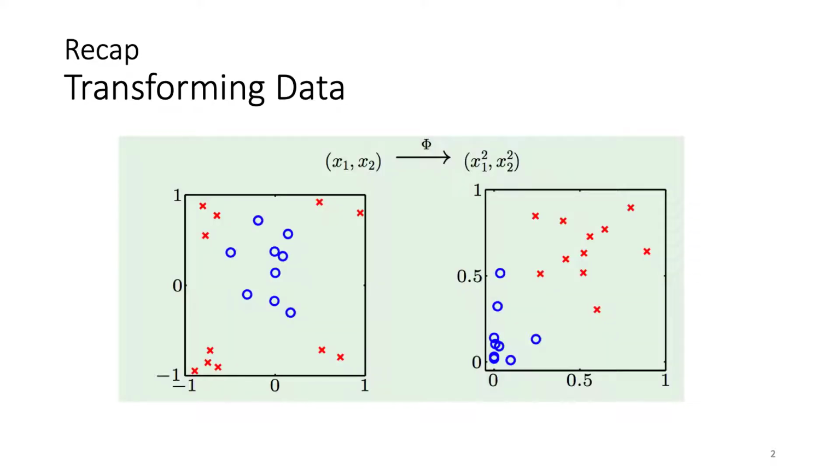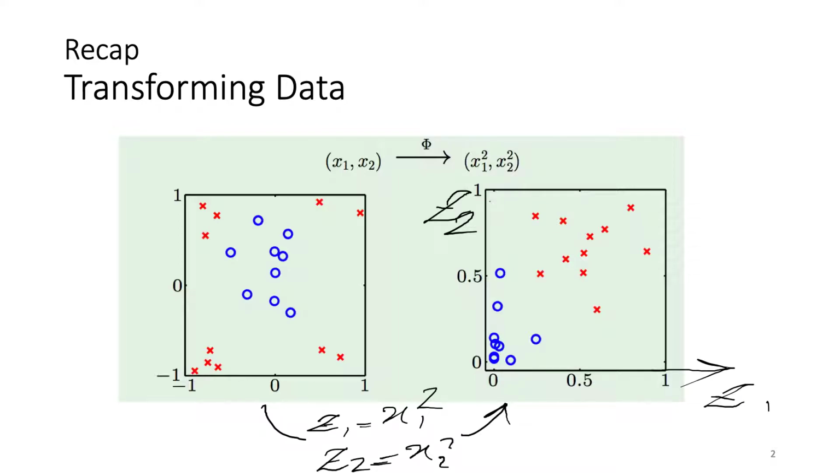Let's just have a recap of what we've discussed in the previous lecture. We talked about the transformation function phi here. We call it a feature transform. It transforms your data from X space into Z space. Looking at the other space, you're going to see it as nonlinear.